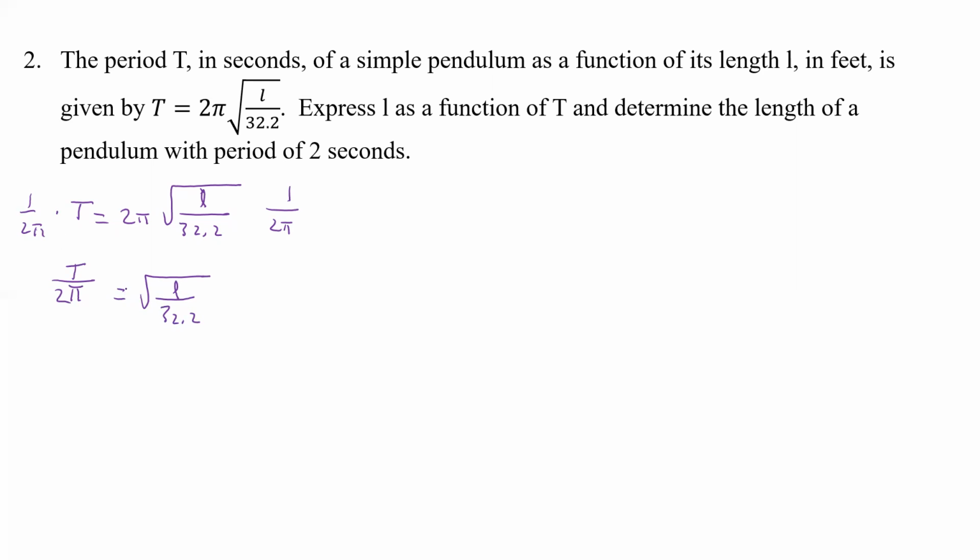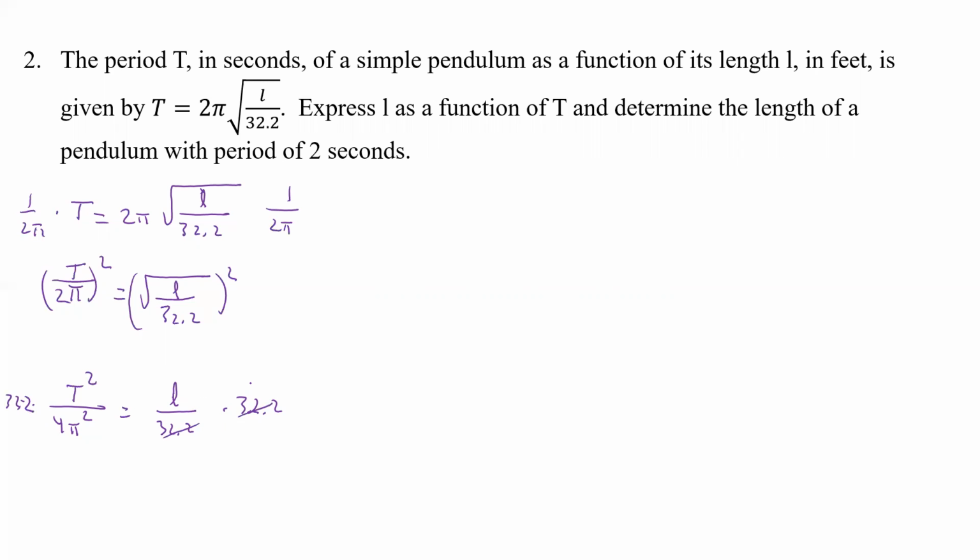Now we need to get rid of the square root, so we'll square both sides. When you do that, you get t squared over 4 pi squared equal to L over 32.2. Now we need to multiply by 32.2 on both sides, so that cancels that.